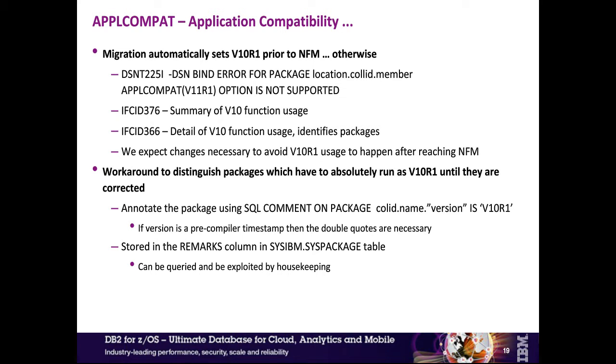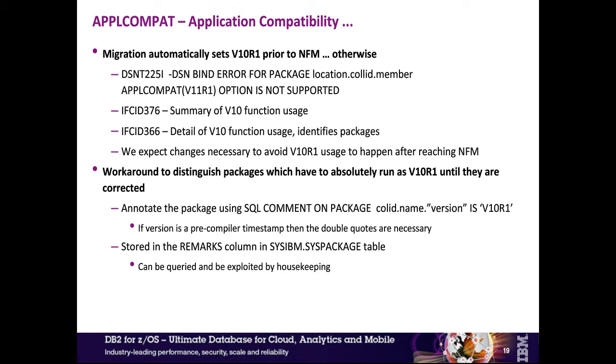So one thing you can do is annotate the package by using the SQL COMMENT ON PACKAGE command, and that comment will be stored away in the remarks column in the catalog table called SYSPACKAGE. And then you can run queries against the SYSPACKAGE table to identify those packages that would not work under V11 R1 and had to fall back and be rebound to use APPLCOMPAT V10 R1.